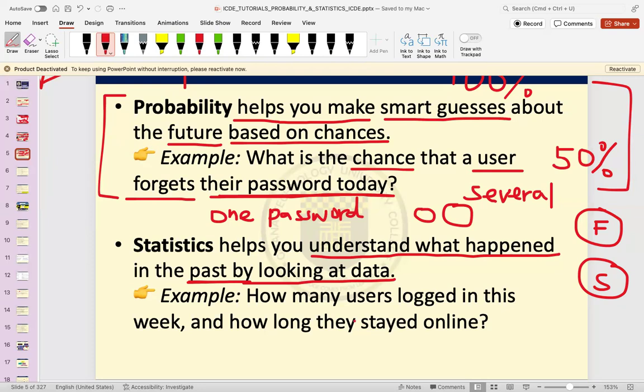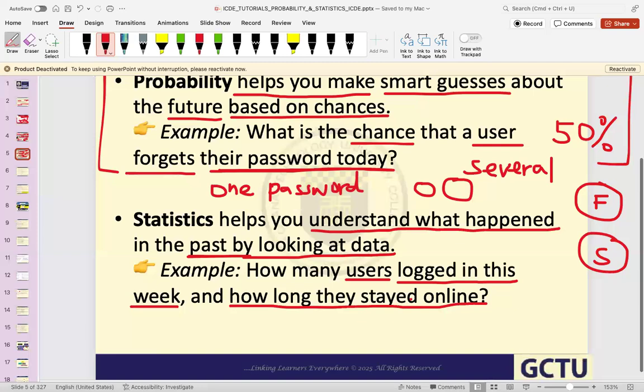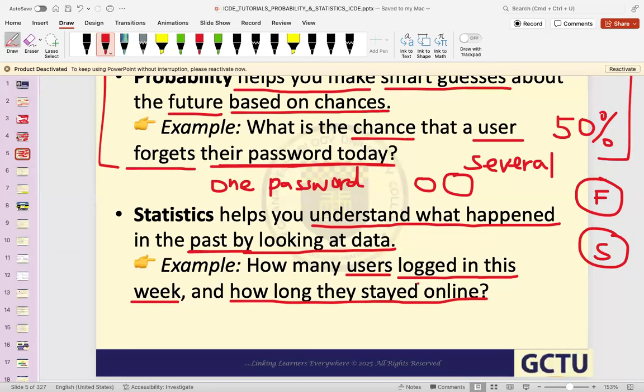Example, in IT, when you are asked how many system users logged into the system this week and how long did they stay online. This is not difficult. The data will be there. The system will show you the number of users who logged into the system.